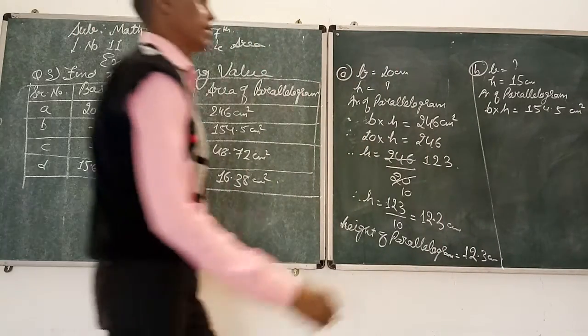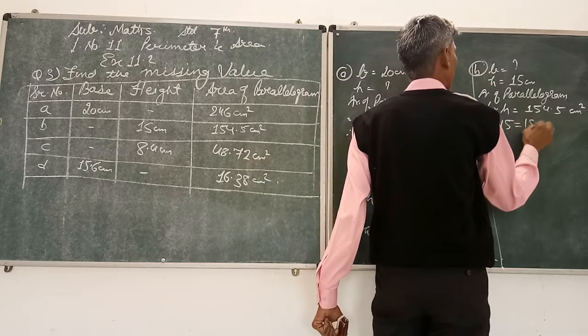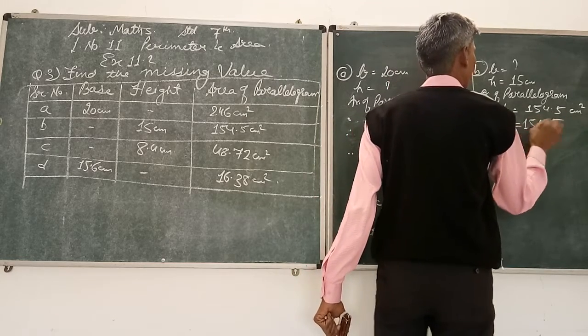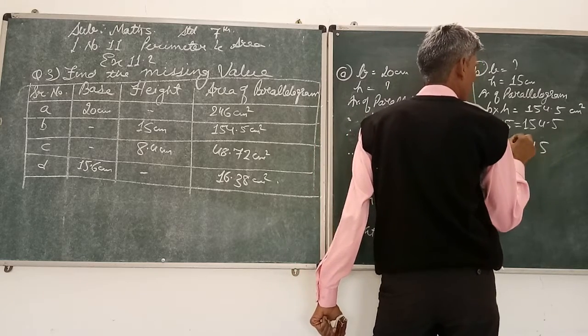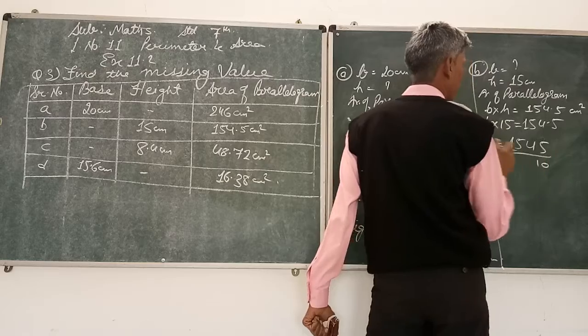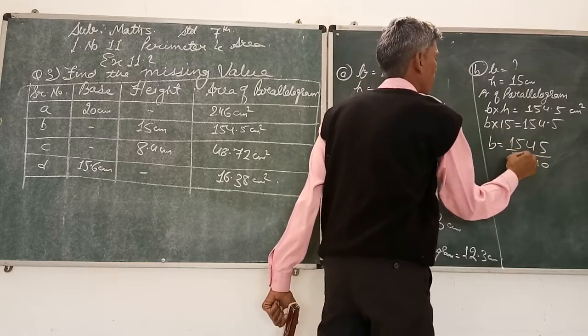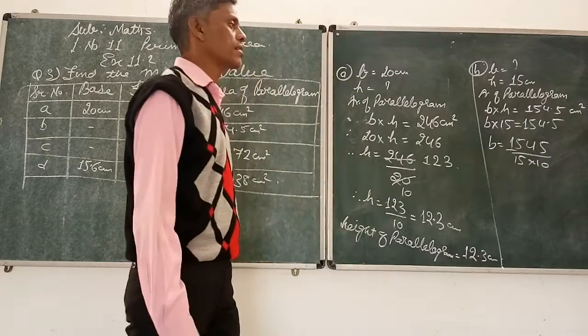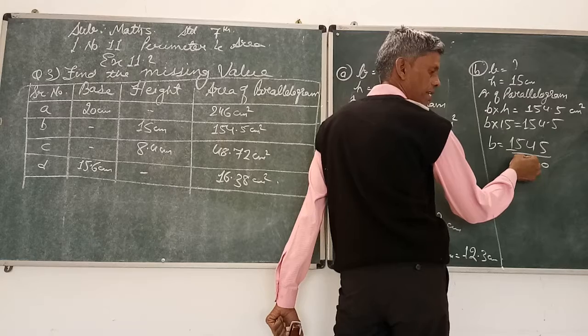Base is not given. That means we have to find base into 15 equals 154.5. Base is equal to 154.5 upon 15. To remove the decimal, we will write 10 here, and this 15 is in multiplication form, so we will take it as a denominator on the other side. Is that clear? Now we have to write the reverse form.